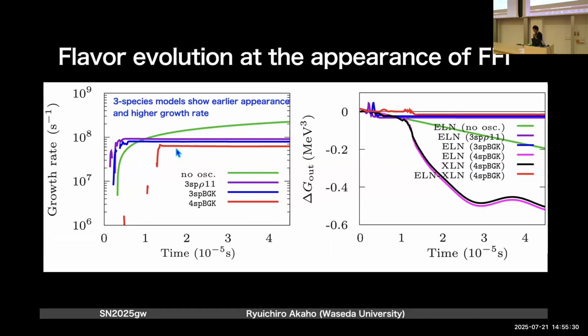Also, since the XLN doesn't exist in the three species model, although this is the ELN for four species BGK, the three species ELN shows a clearly different value.